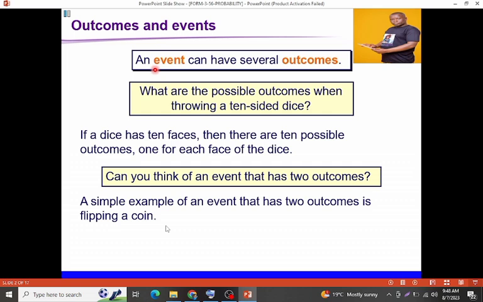So the two outcomes of flipping a coin: flipping a coin is an event, and the two likely outcomes are heads and tails.